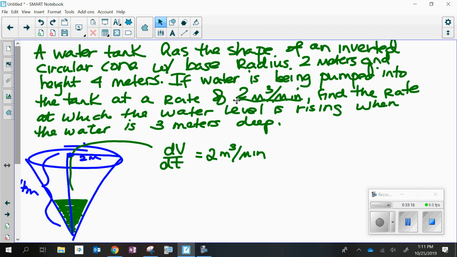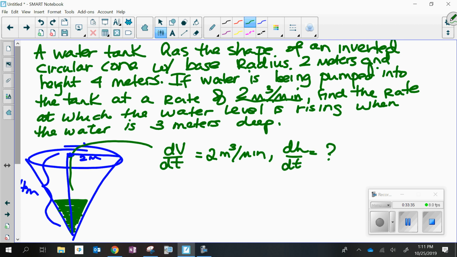All right. So what do we want to know here? Find the rate at which the water level is rising. What do you want to call that? Okay, so we're looking for dh/dt. And where would you put h on this thing? Right here? Okay, that's h, good.